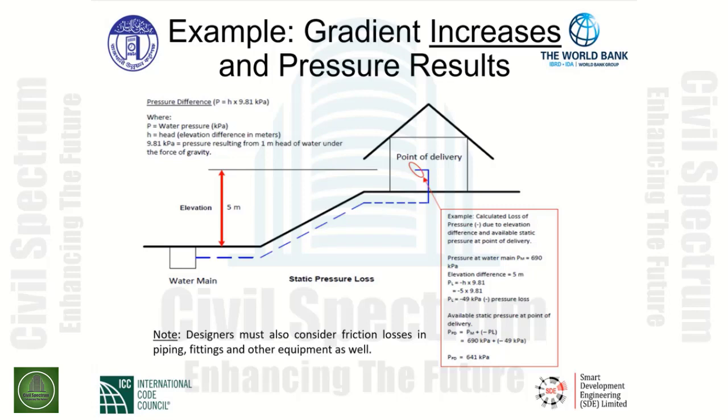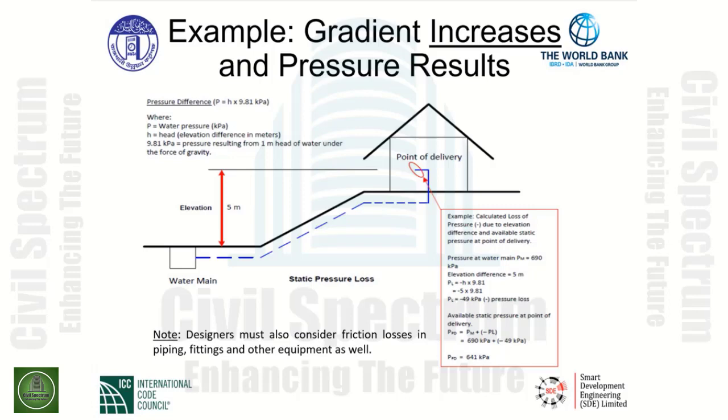So we use a negative symbol before the H, which is our head. We plug in the necessary variables. Negative 5 times 9.81 results in a pressure loss of 49 kilopascals.